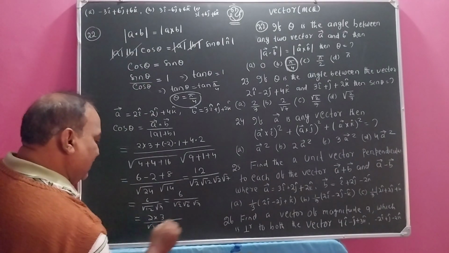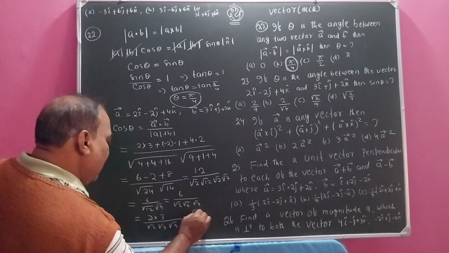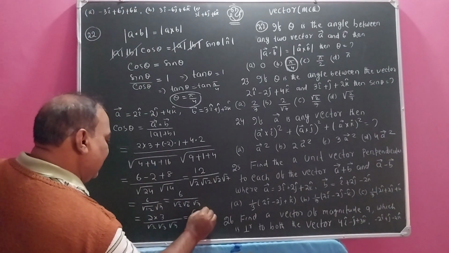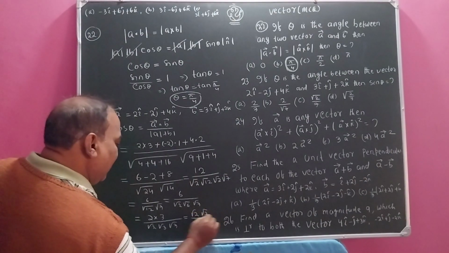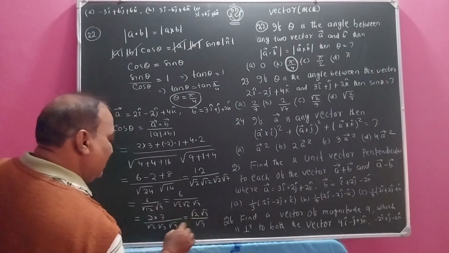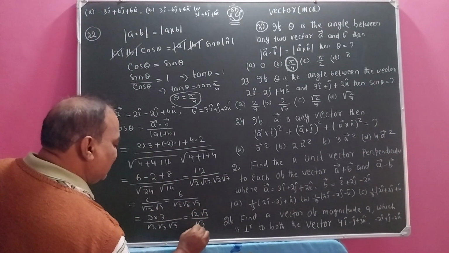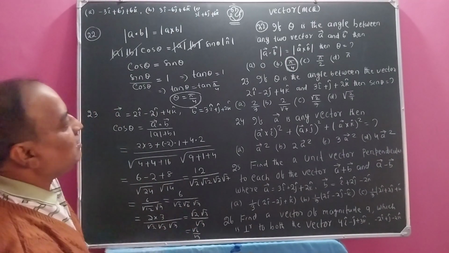So root 2 cancels, and root 3 by root 7, that is root 6 by root 7. Cos theta is coming out.